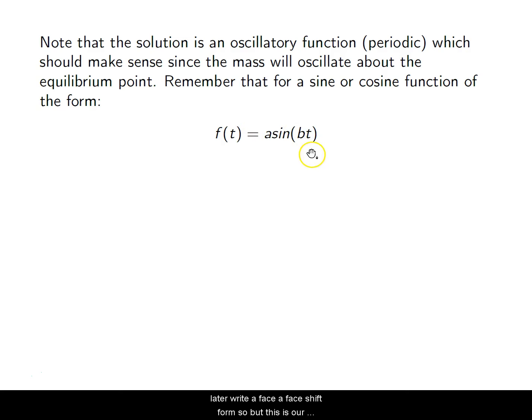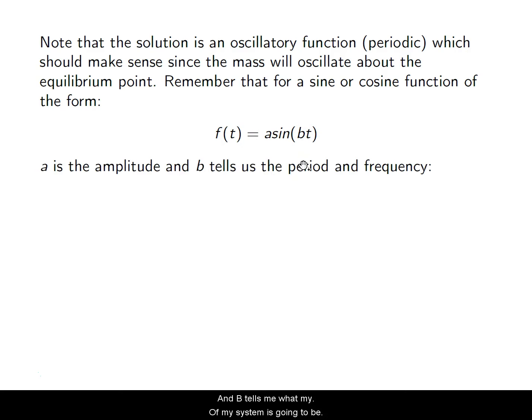This is our standard form for a trig function, for sine and cosine periodic functions. So this could be cosine as well. I had to choose one, so I chose sine. So remember, A is my amplitude, and B tells me what the period of my system is going to be, and then from the period, I can find my frequency.